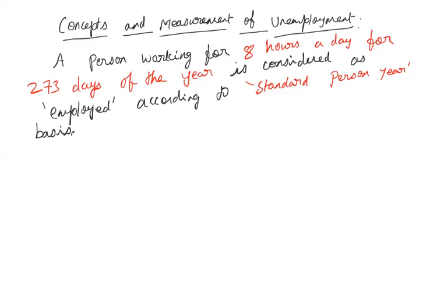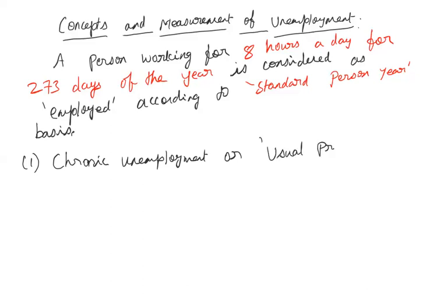So that is the first measurement, chronic unemployment, or what is called usual principal status employment.